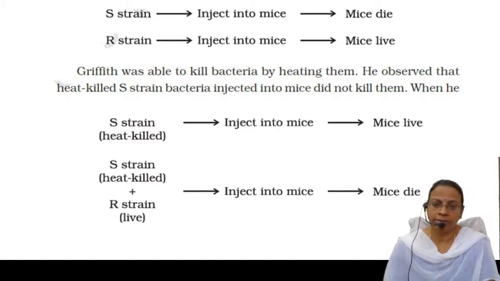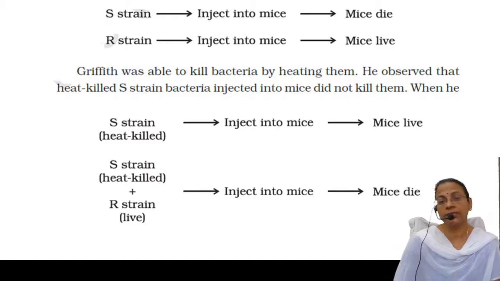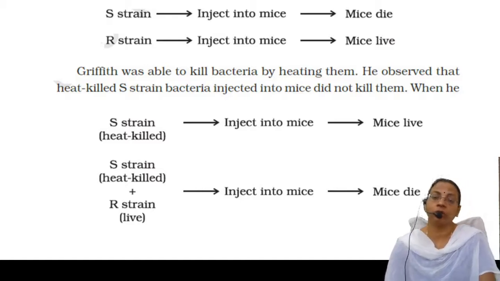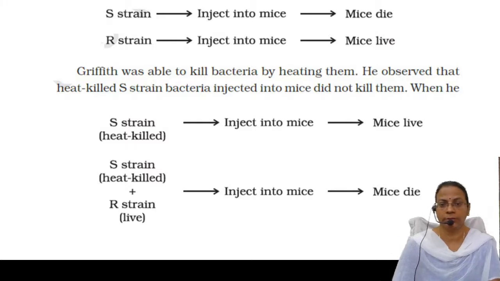In the third step, he took the heat killed S strain, which cannot cause the disease, but he mixed it with live R strain and injected it into the mouse, and he found that the mouse died.